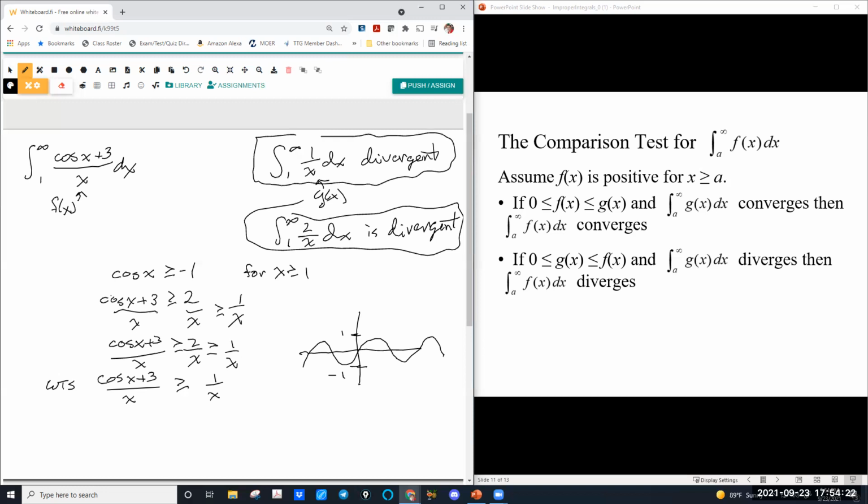So in either case, we have shown that our integrand, our f, is greater than something that is divergent. So the integral from 1 to infinity of cosine of x plus 3 over x dx diverges by comparison test.